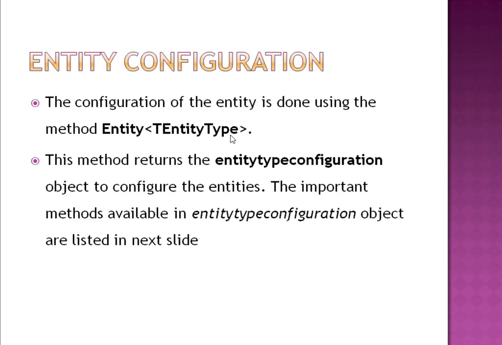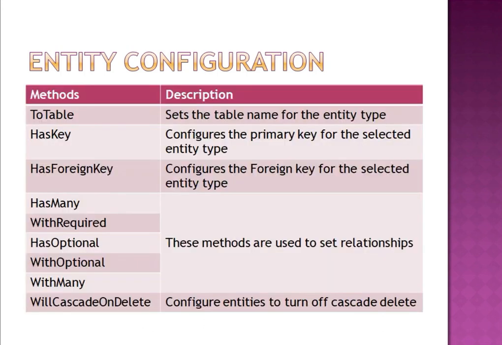I mean, say I have a domain class Customer, so what I have to do? I have to say Entity<Customer>. Okay, I hope you understand this. Now this method returns an EntityTypeConfiguration object to configure this entity. The important methods of this EntityTypeConfiguration object are listed in the next slide. So let us see these methods one by one.